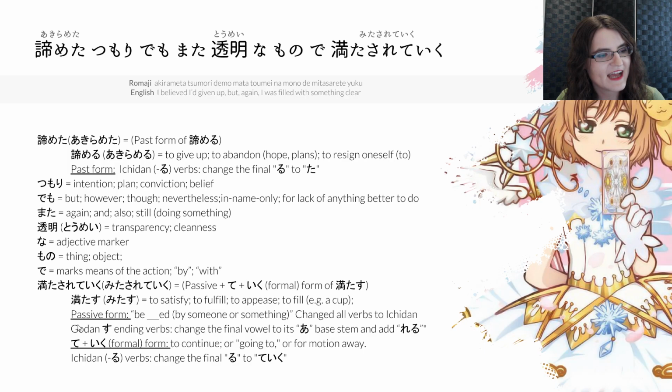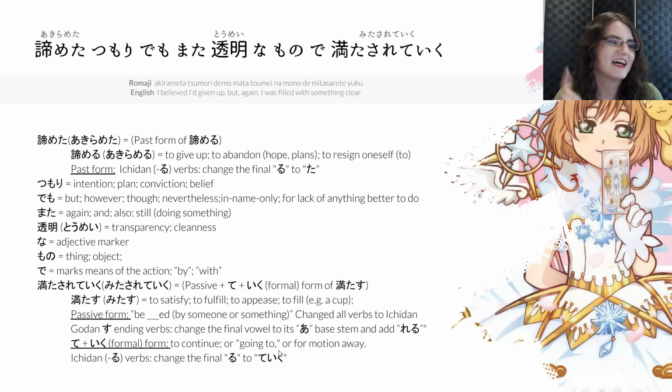And in this passive form, first we take that su-based ending, you change that u-based ending to its a-based ending, and then you add on reru. So mitasu becomes mitasareru. And then all passive forms are ichidan verbs. So that ru just changes to a te for its te form, and then you plop on iku.